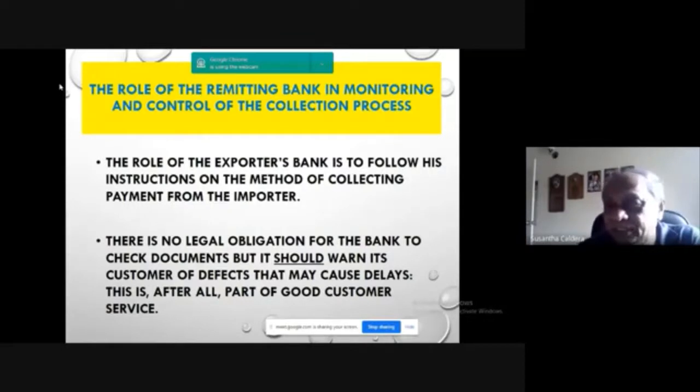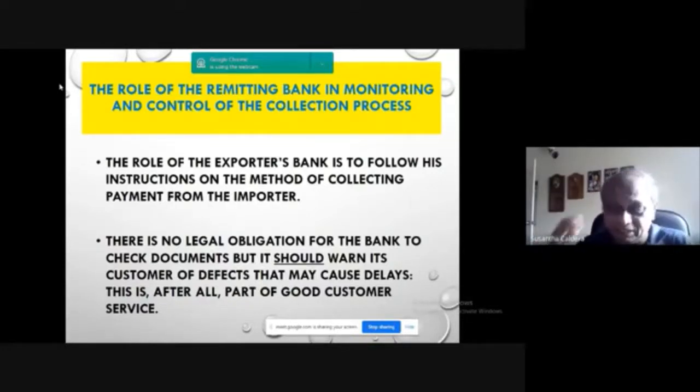So the commercial invoice says, for example, coir items, but the BL is for some rubber items. So two different things. It's a genuine mistake, nothing else.